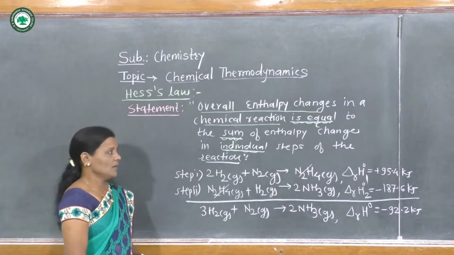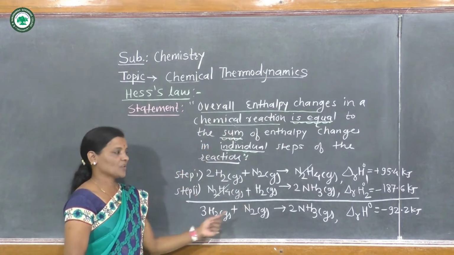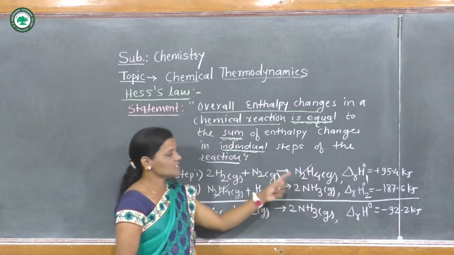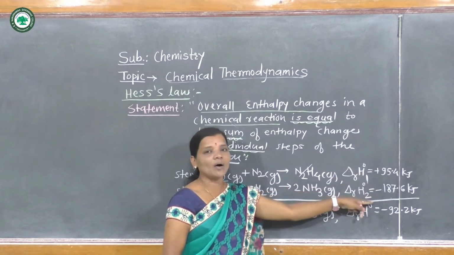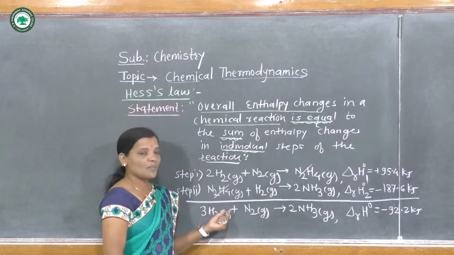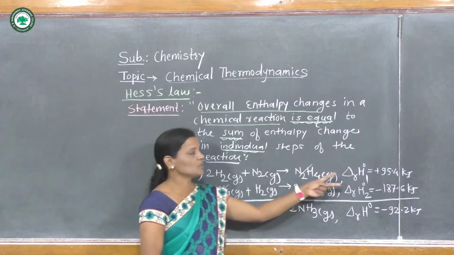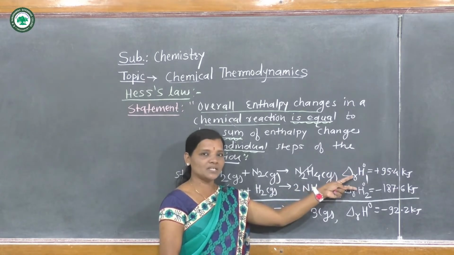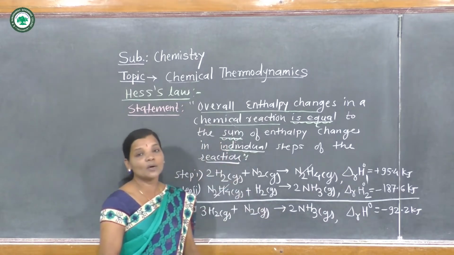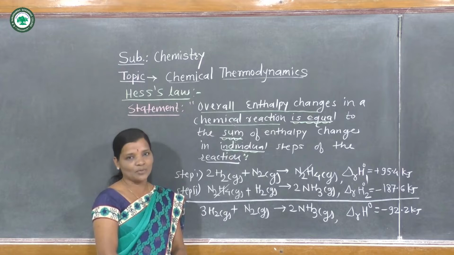That means the overall enthalpy change in this chemical equation is nothing but the sum of enthalpies in the individual steps. Ammonia formation takes place in 2 steps, and if we do the summation of enthalpy changes in both the steps, then that enthalpy change is found to be equal to the enthalpy change for the formation of ammonia.